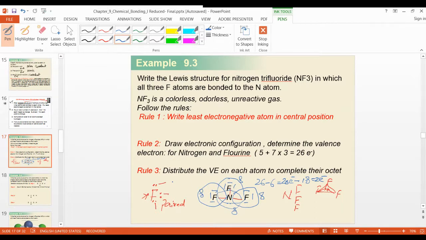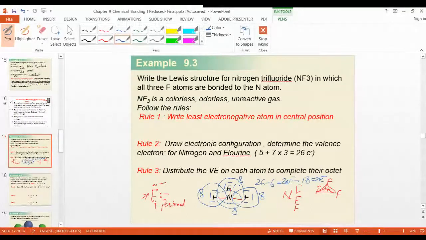So in this way, the last, fifth rule, you have to find out whether the octet is complete or not. If suppose there is no electron left here, the 2 electrons are not left, so you cannot put these 2 electrons on nitrogen, so this octet is not complete. That is a different question.